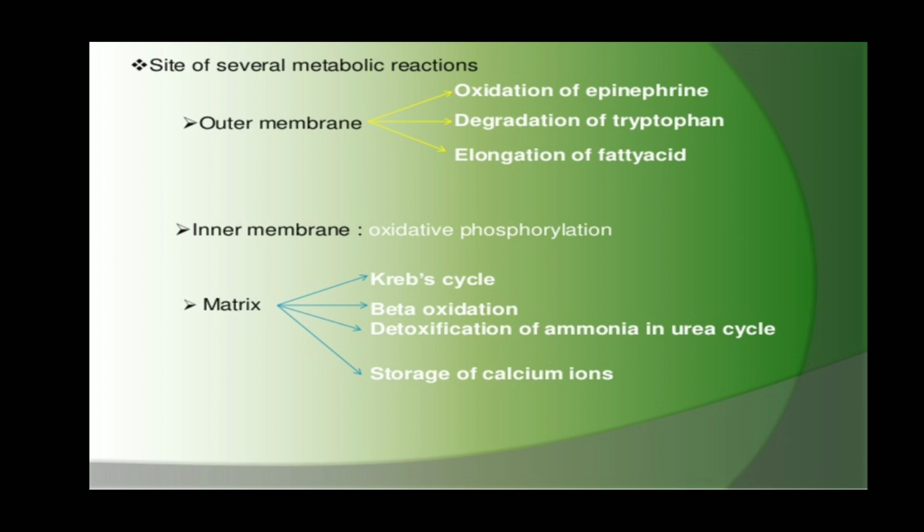Then again we will see other functions, like the site of several metabolic reactions provided by the mitochondria. In the outer membrane, the oxidation of epinephrine, degradation of tryptophan, and elongation of fatty acids take place, while on the inner membrane of the mitochondria, oxidative phosphorylation takes place.